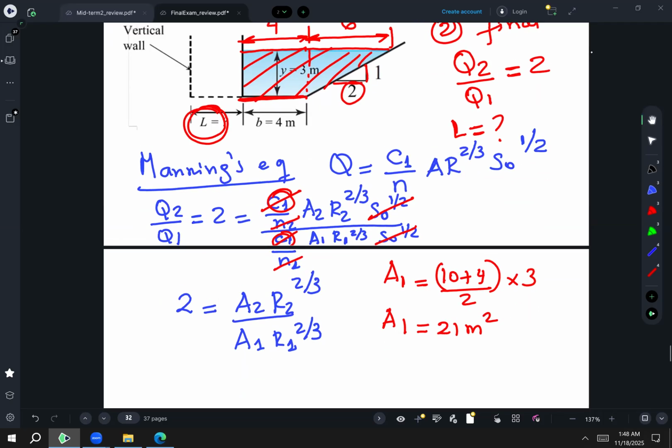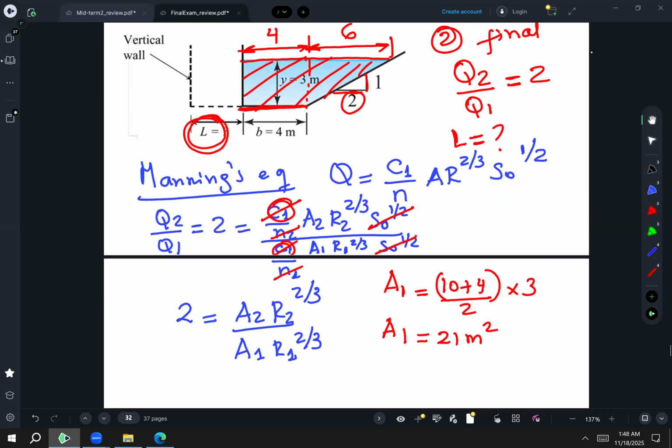And the wetted perimeter 1 is going to be this, plus this, plus this. Therefore, the perimeter is this, which is 3, the base, which is 4, plus this, which is the square root of 3 squared plus 6 squared.